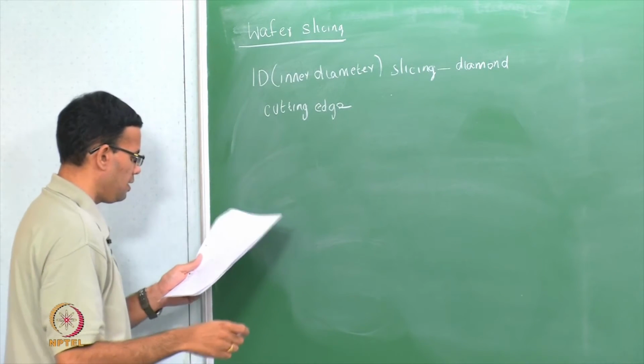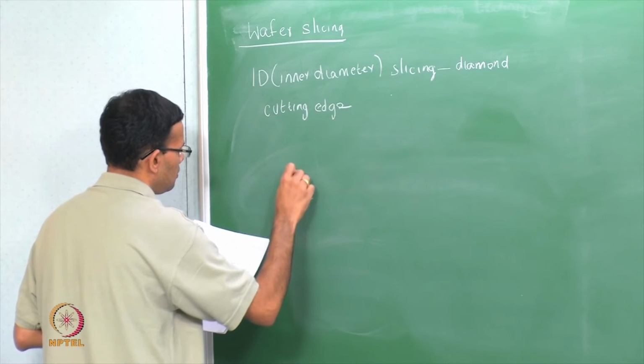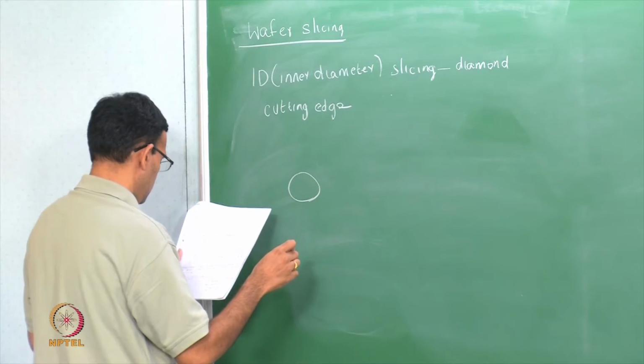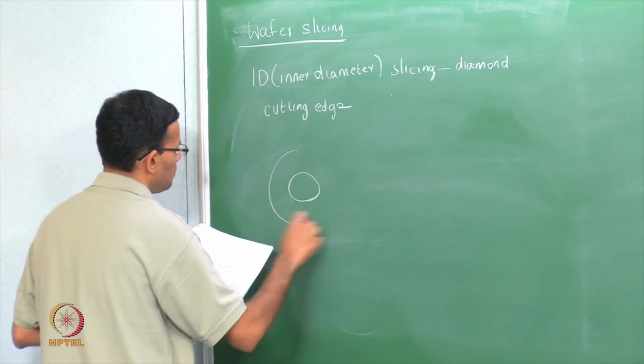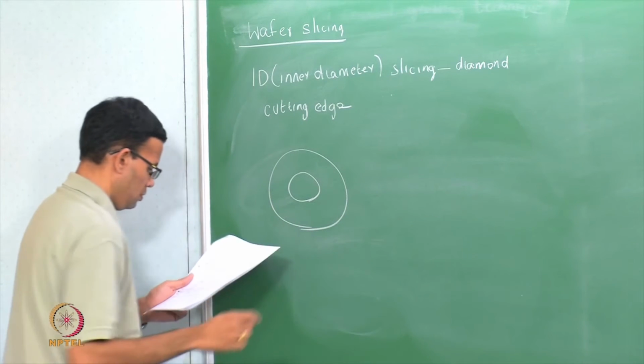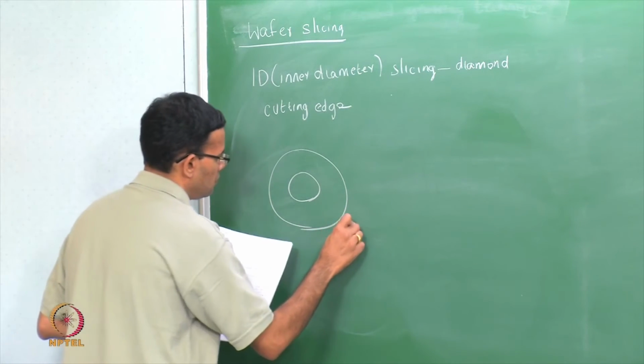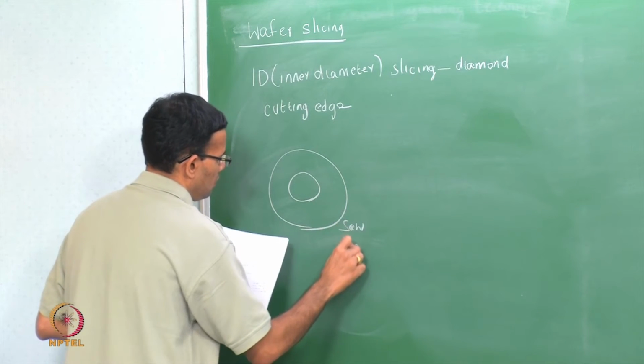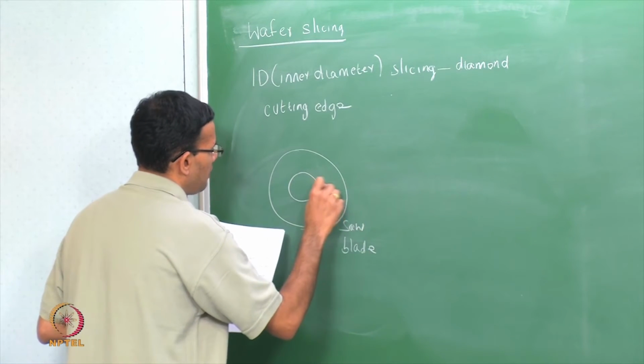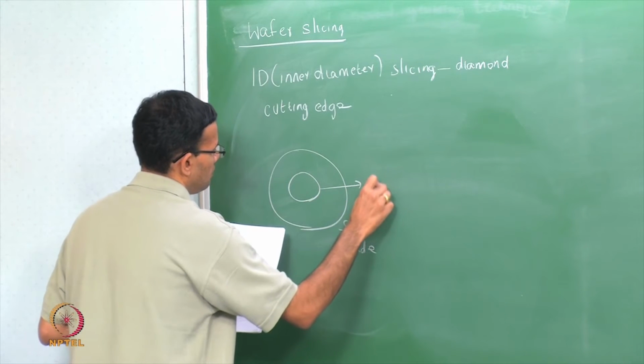So, in this particular example, here is the saw blade with the diamond cutting edge on the inside.